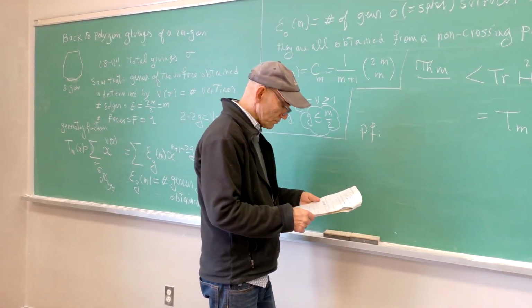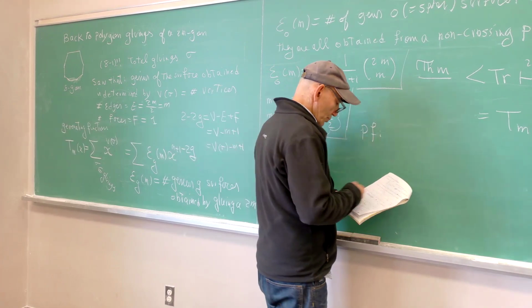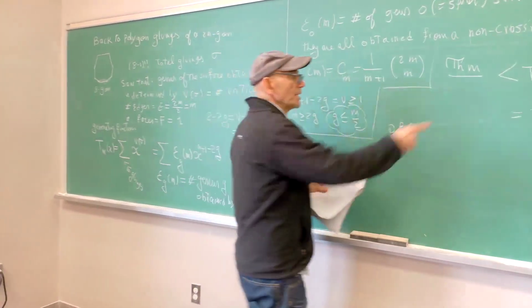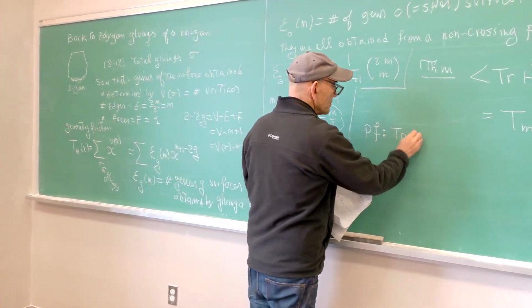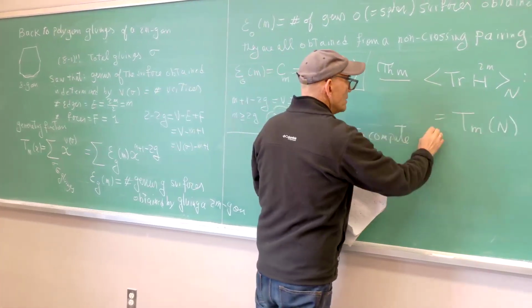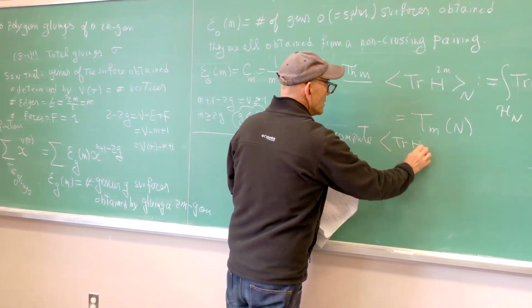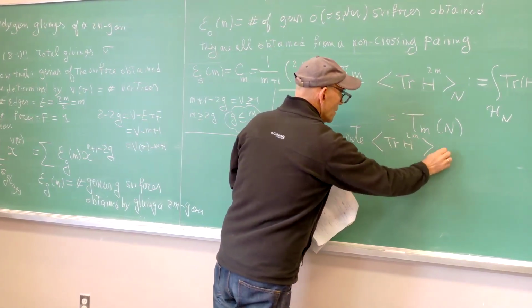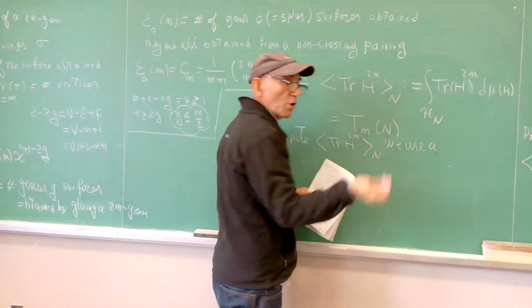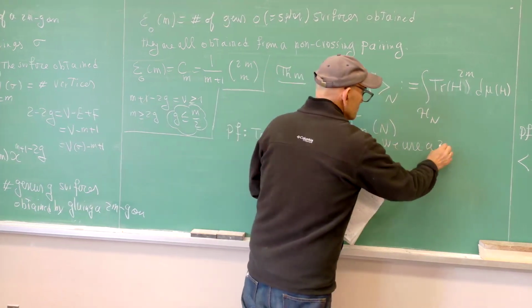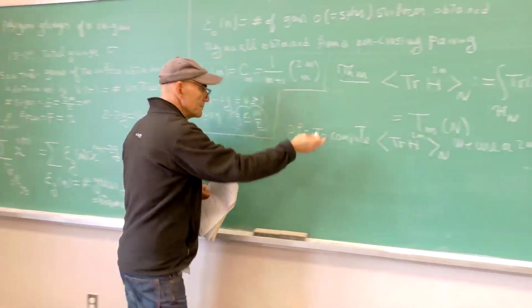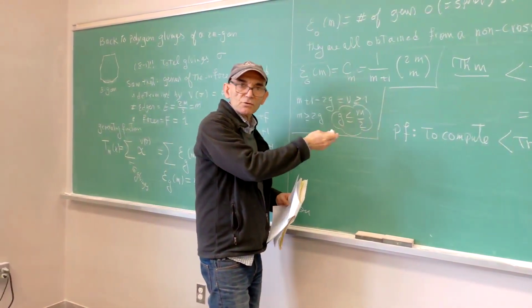To compute this, the trick is to use this graphical device, a 2m-gon. So let's look at a specific example and see how it goes.